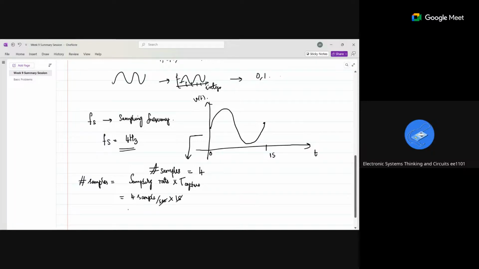The second and second will get cancelled. So basically 4 samples I will get, basically collecting these 4 equally divided samples at 0.5 seconds, 0.25 seconds and 0.75 seconds, right?